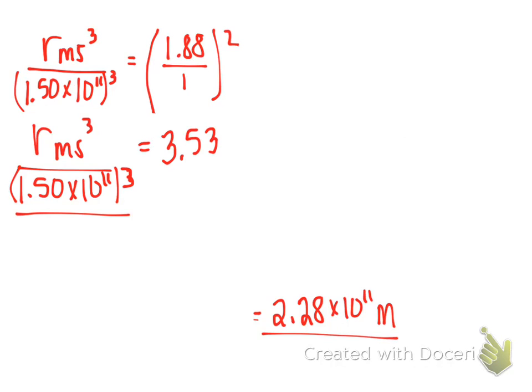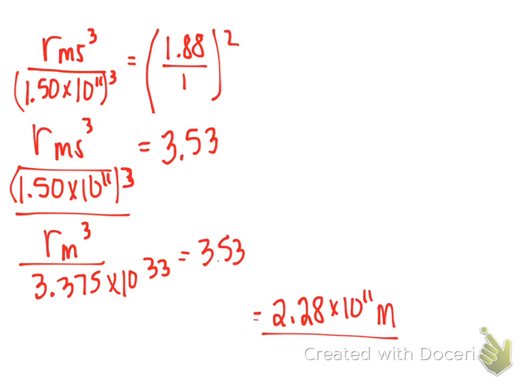You can do it either by hitting enter and then caret 3, or if you've solved that 1.50 times 10 to the 11th and it's in your calculator, you can hit math and then scroll down to number 3 where it says cubed, and then you should come up with answer cubed on your calculator. Either way, that should give you r sub ms cubed over 3.375 times 10 to the 33rd equals 3.53.